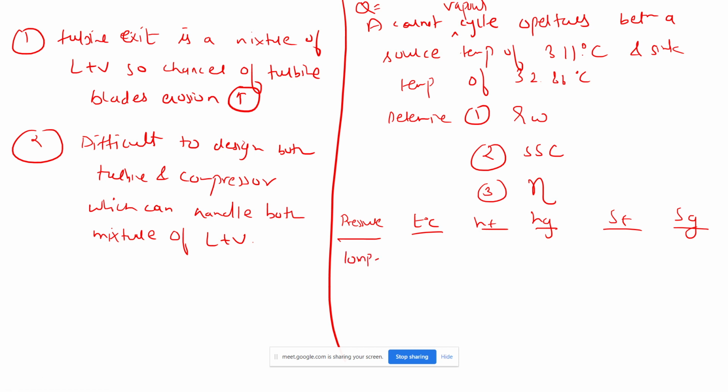Pressure is 10 megapascal, temperature is 311 degrees Celsius. Here it is 38 degrees Celsius. HF value is 137.56. All are in kilojoule per kg, and the entropies are in kilojoule per kg Kelvin.